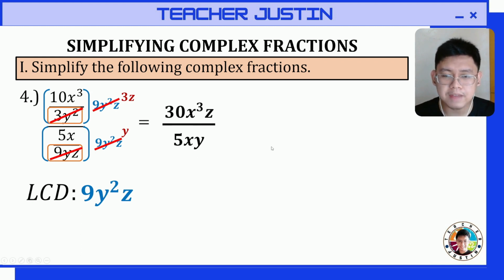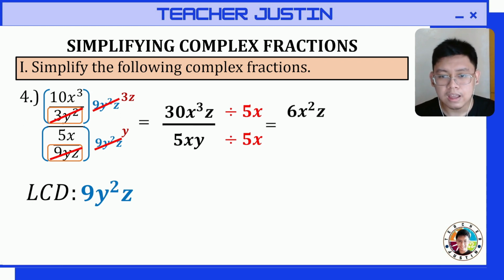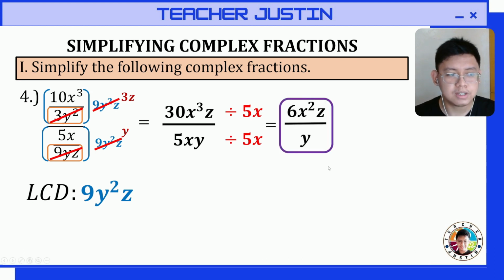Meron tayong common factor na 5x. So, let's divide our numerator and denominator by 5x, giving us the numerator, which is 6x squared z, and our denominator, which is y. And this will be our simplified form of our complex fraction. So, it will be 6x squared z over y. And that's it. Ta-da!